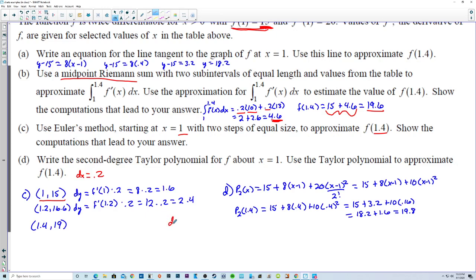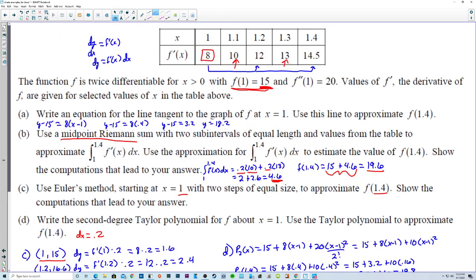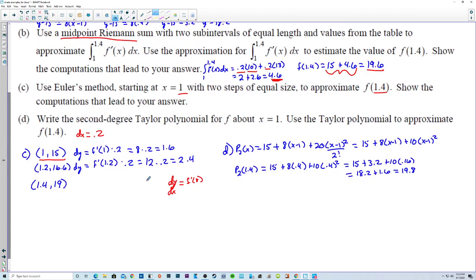But we know that dy/dx is equal to f prime of x in this case. So if we multiply both sides by dx, the change in y is equal to the derivative times the change in x.